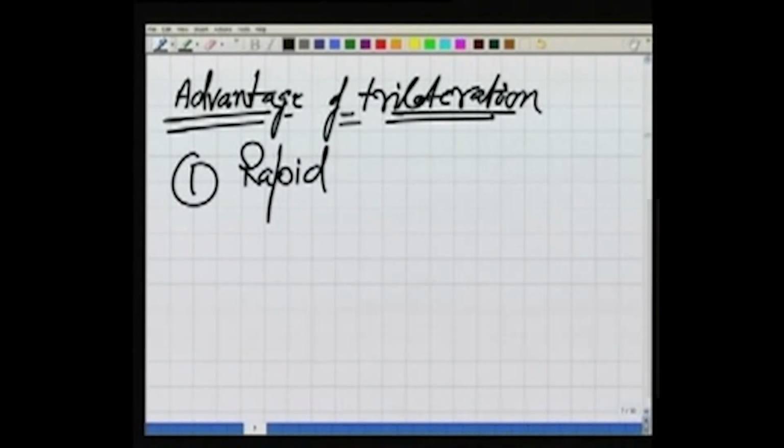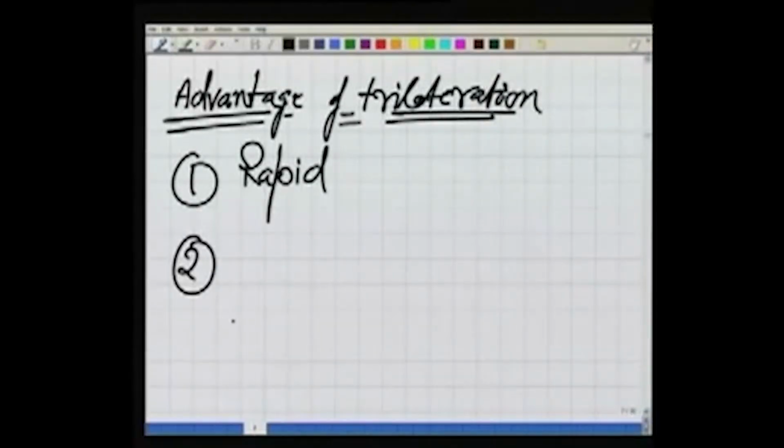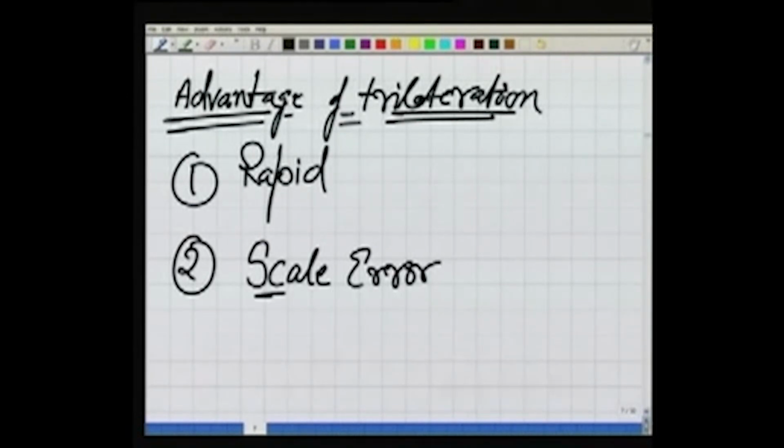In the case of triangulation we would compute those, but here we are measuring them directly. So it may be considered the rapid method. Number two, a very important thing, is that it can control scale error. Now what is scale error?